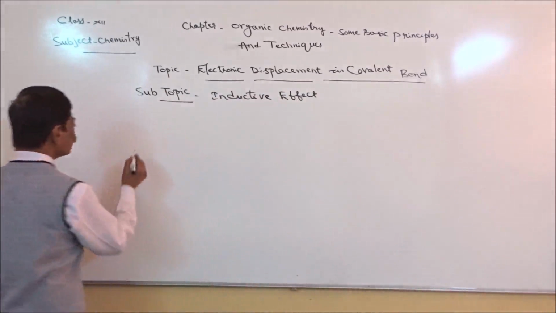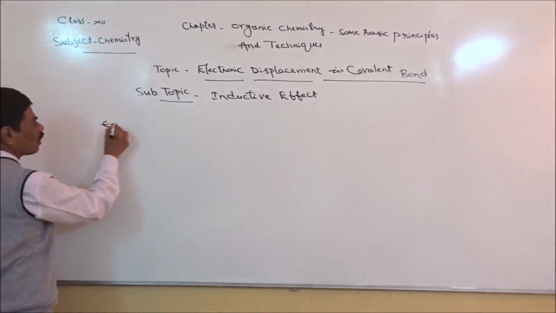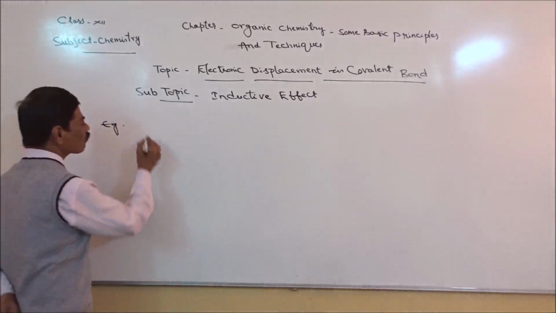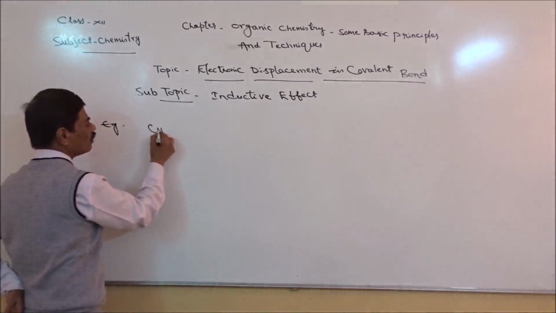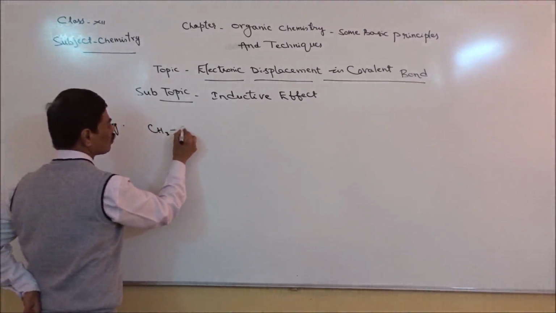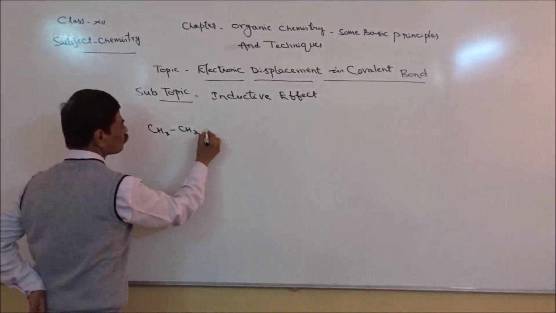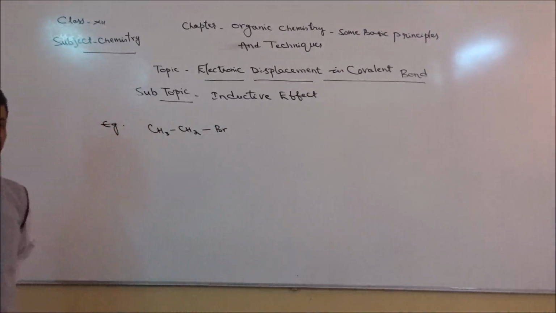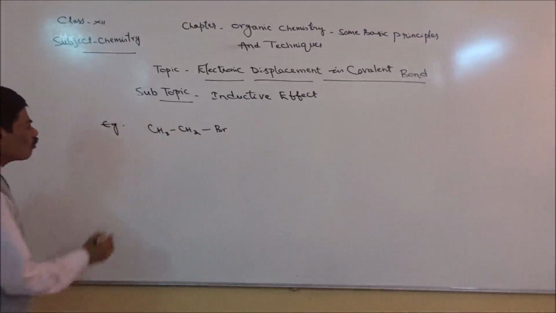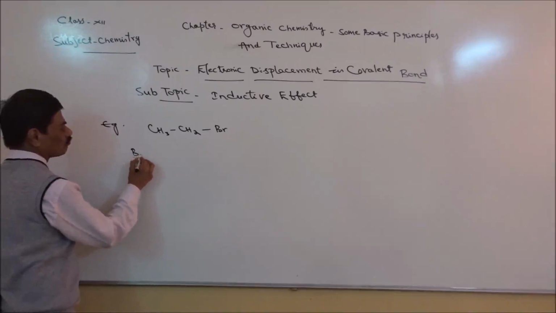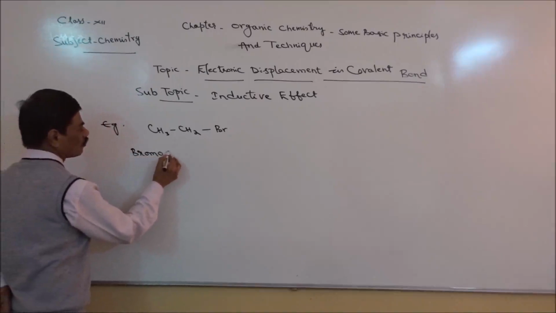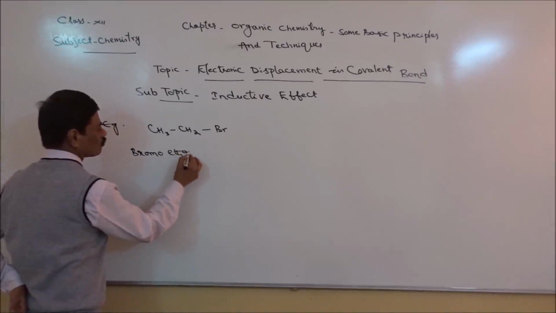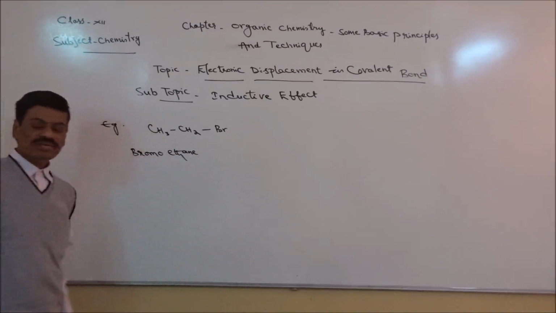To understand this, we will take an example of CH3 CH2 Br. This is nothing but bromoethane.